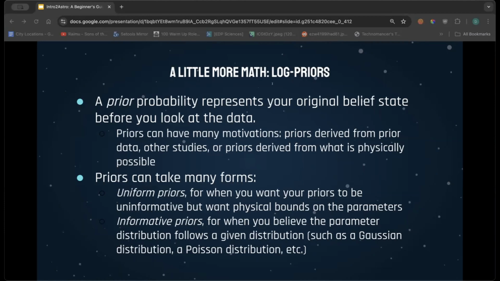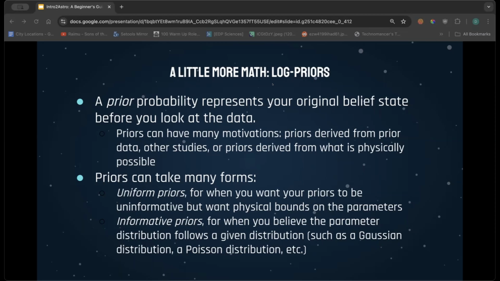But you also might have an informative prior, a prior derived from prior work. Say you're studying that same planet. A previous paper you read used different data and found a period of the planet of 10 plus or minus 1 days. You have new data you're working with, or you're doing something else that just needs that period, but you still need to input the period as a parameter to your model.